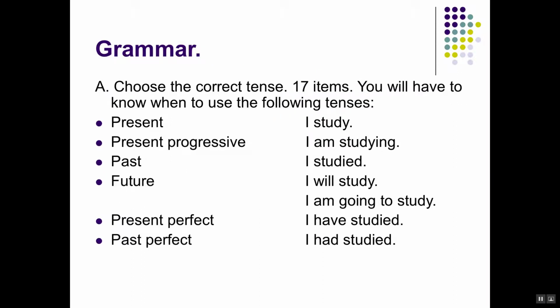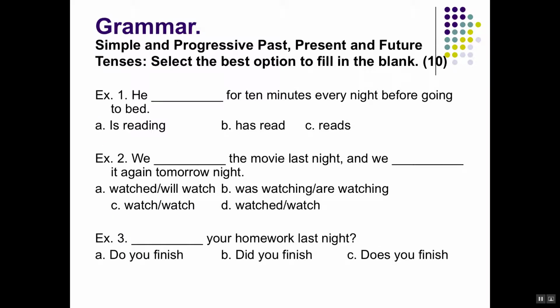In the grammar section, there are going to be several items where you need to choose the correct tense. So you'll have to know when to use and how to form the following tenses: present, present progressive, future, past, present perfect, and past perfect. Here's an example.